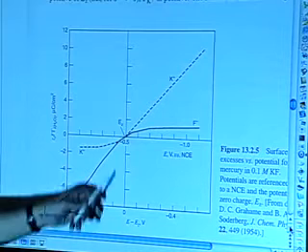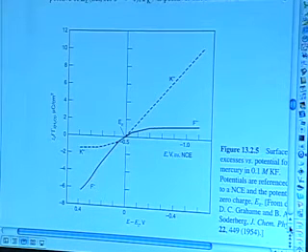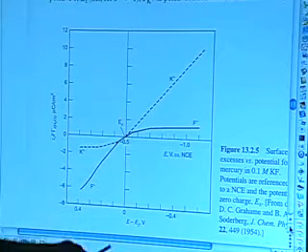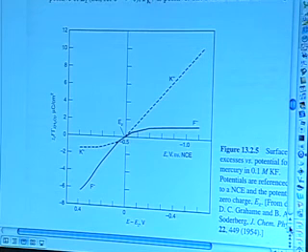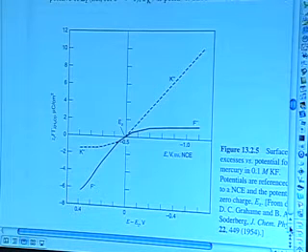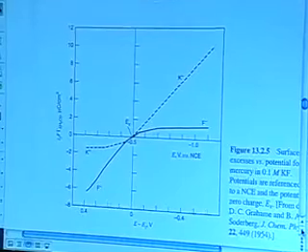At, of course, the point of zero charge, there is no net excess. This doesn't mean that there is no adsorbed charge. There's just no net excess adsorbed charge, right? At the point of zero charge, there could be, in this case there's not. Well, by definition this is with respect to the excess. There could be equal amounts of potassium and fluoride both adsorbed on that mercury electrode at the point of zero charge.